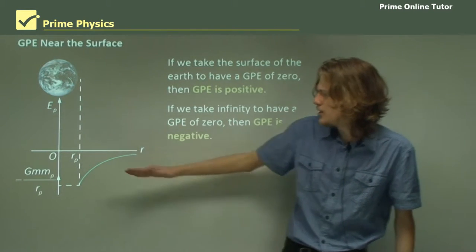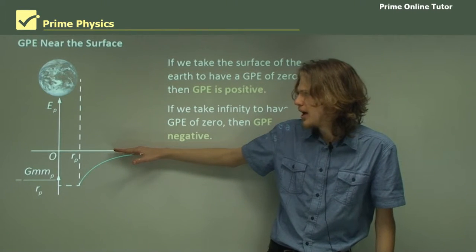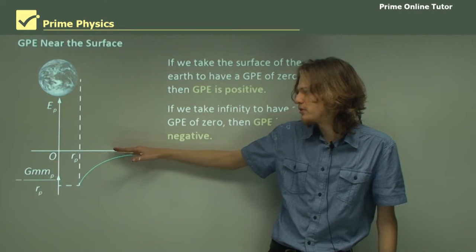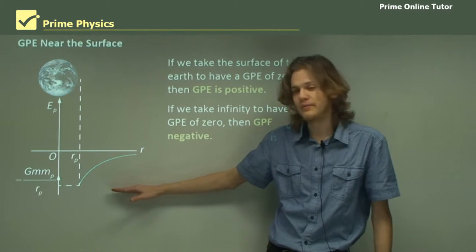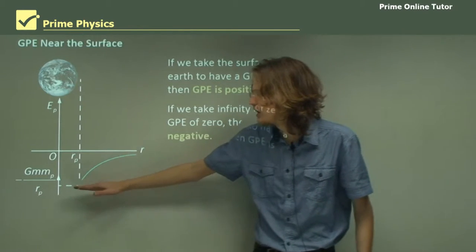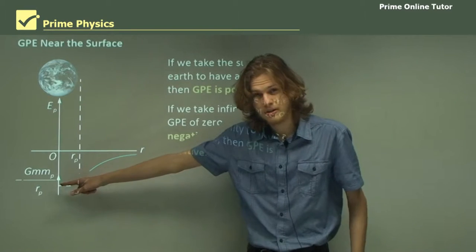That means that our 0 is over here. And as we fall closer and closer to the Earth, our gravitational potential energy goes down to a negative number, until finally we land on the surface with a gravitational potential energy given by this equation.